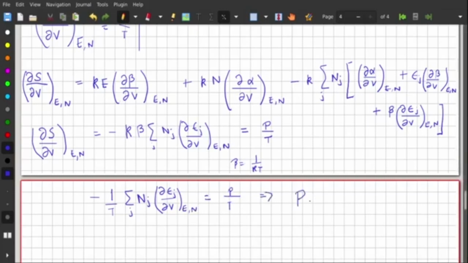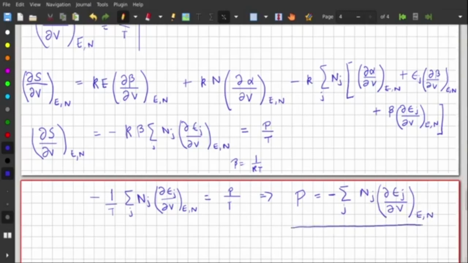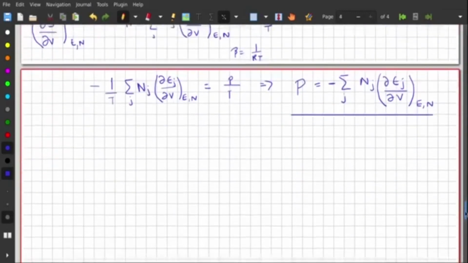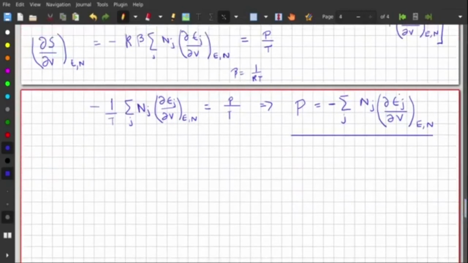So the pressure can be written as P equals minus sum over j nj partial epsilon j partial V at constant E and N. Okay, so that's the expression of pressure from a statistical thermodynamics point of view, in terms of the energy states epsilon j and in terms of the particle distribution nj.